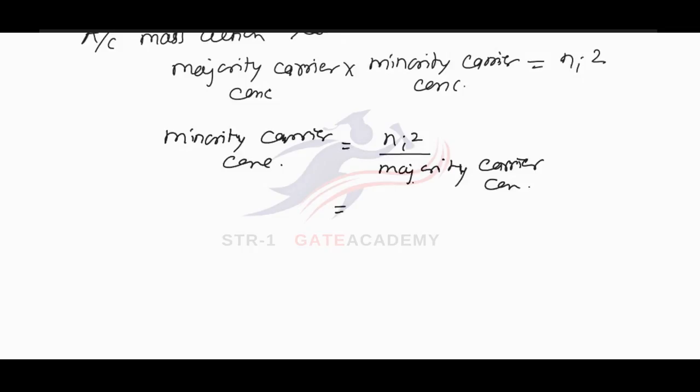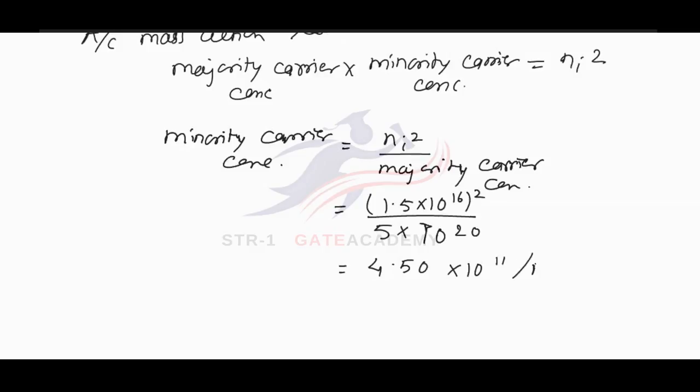Ni is given as 1.5 into 10 raised to power 16, and its square will be taken, and the majority carrier concentration is given as 5 into 10 raised to power 20. This will come out around 4.50 into 10 raised to power 11 per meter cube.